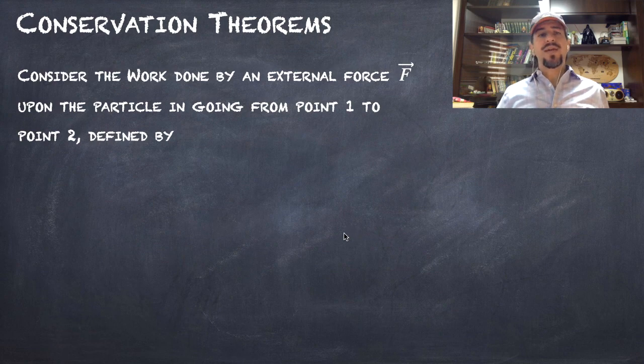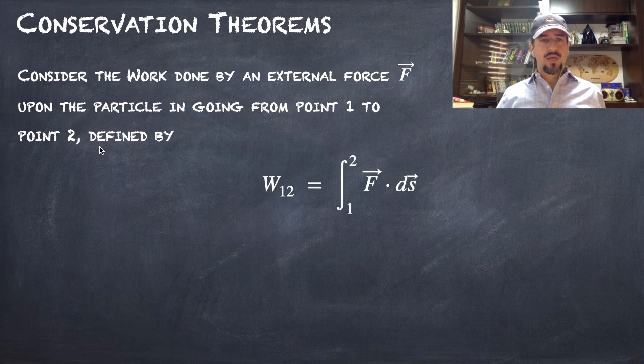Now, for the energy, consider the work done by an external force F upon the particle in going from point 1 to point 2. This is defined by the work from point 1 to 2 as the integral of the force, in this inner product, with the differential displacement ds.